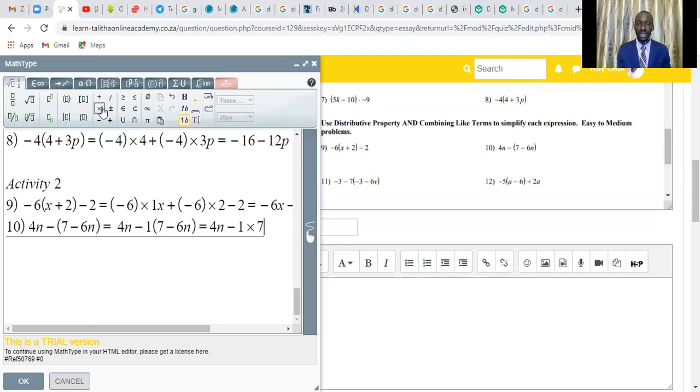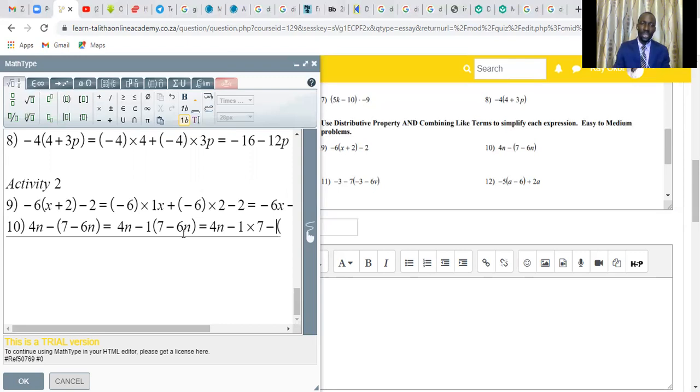And now the next thing we want to do is to expand and get this 1 to be distributed onto 6. So we put here this minus. After that, the next thing we want to look at is this 1 and the 6. So notice that this 1 is negative.